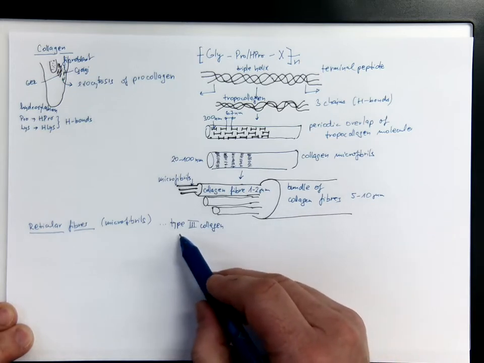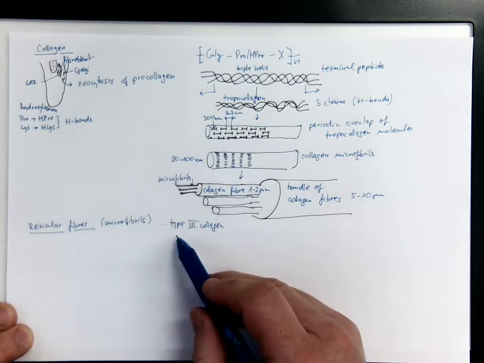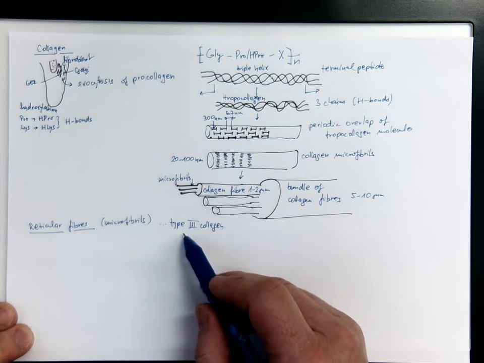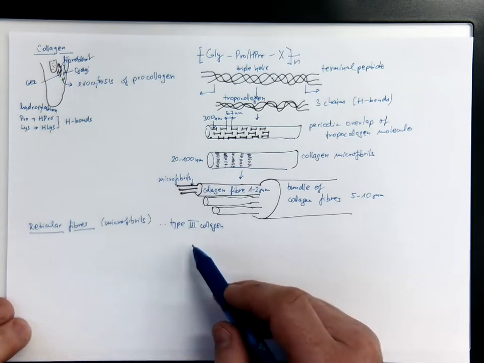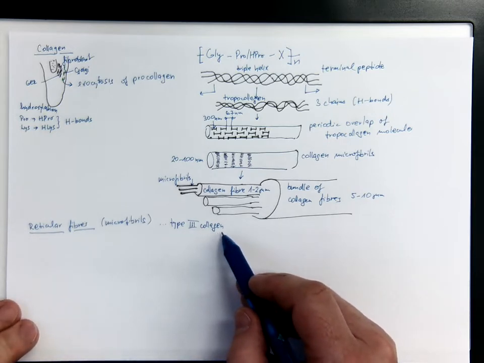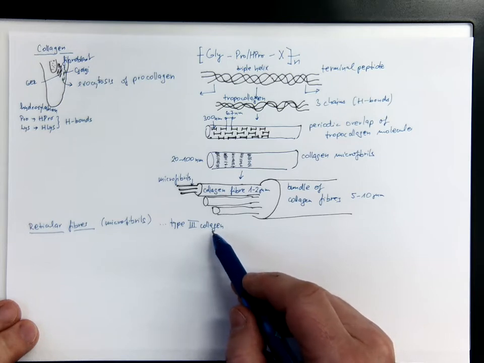Therefore, the reticular microfibrils, which we have already illustrated in the context of reticular cells, are pretty thin, so we would not be able to see these in our routine sections.